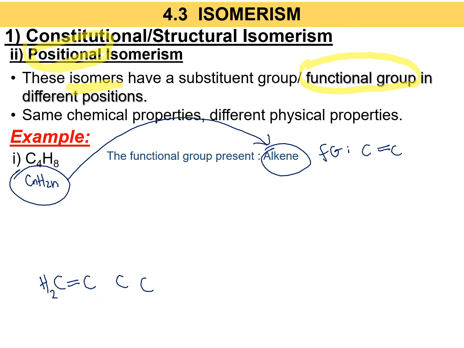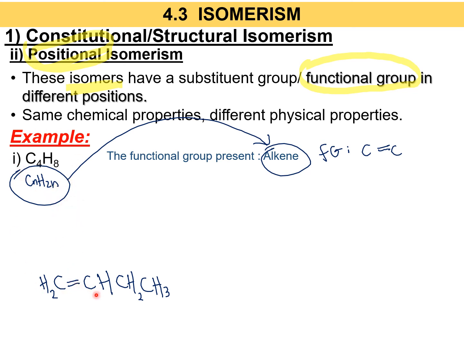This carbon atom will have 1 hydrogen atom, because it already has 2 covalent bonds with this carbon atom and 1 covalent bond with this carbon atom, so the other one is just 1 with a hydrogen atom. This carbon atom, since it is a single bond, will be CH2, and the last one CH3. So this is the first structural formula that came to my mind for C4H8.